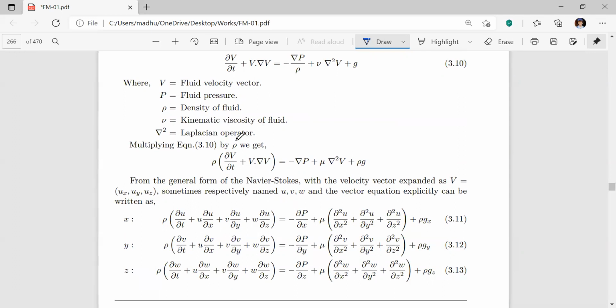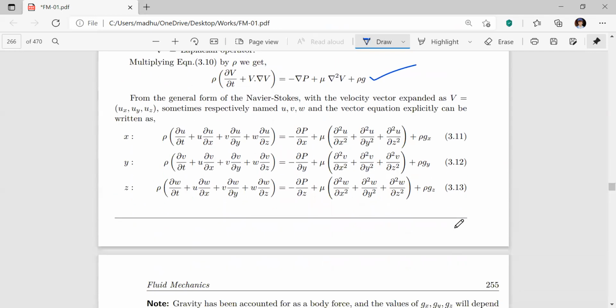Now when this equation is multiplied with rho, we get the following equation. And this is the final form of the Navier-Stokes equation, where V is a resultant velocity with the components ux, uy, uz, and u, v, w are vectors in the equation, and they are explained by equations 3.11, 3.12, and 3.13.